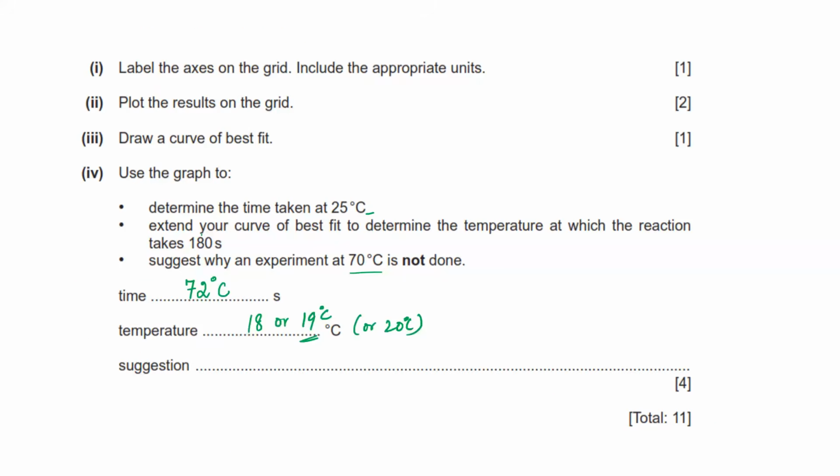So just some suggestion, it would be: the time taken for the reaction to occur is too short to measure. Okay, so this is how you go about this question.